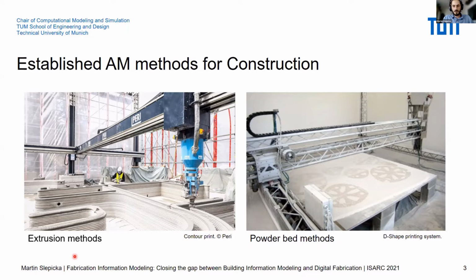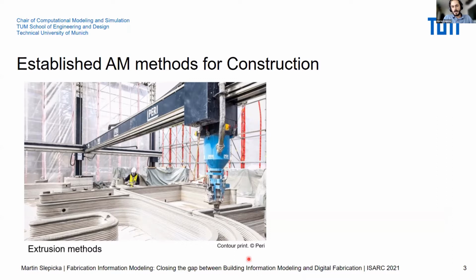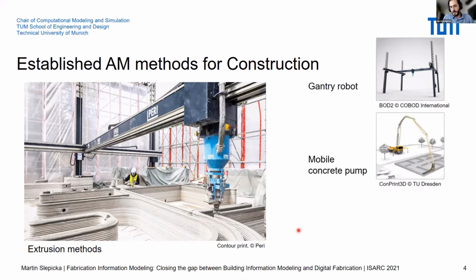In the case of the Peri house, a gantry robot was used, but you can also replace that and attach some extruder to maybe a mobile concrete pump, which has been studied by the Technical University of Dresden, or even industrial robots, which is studied by projects that I'm also working together with. Industrial robots have a lot more advantages.